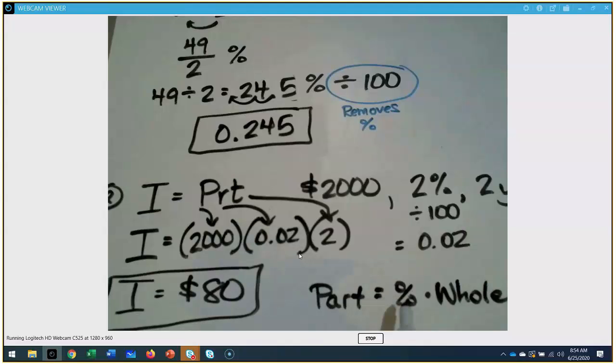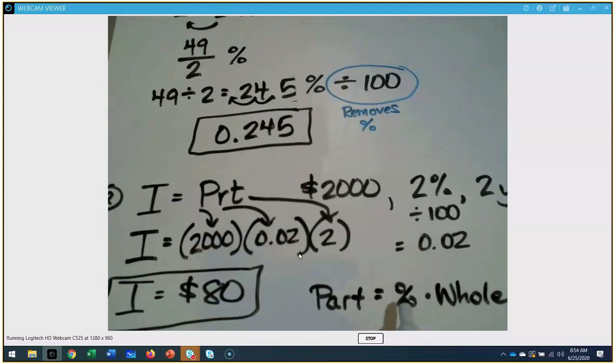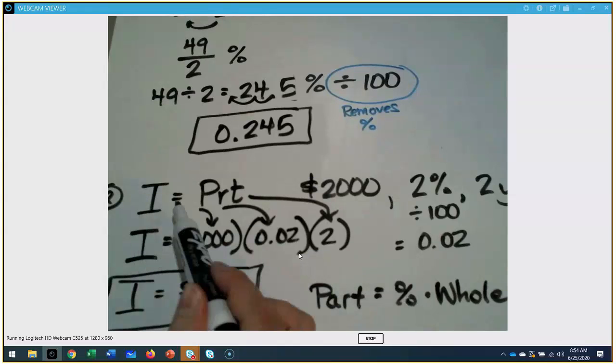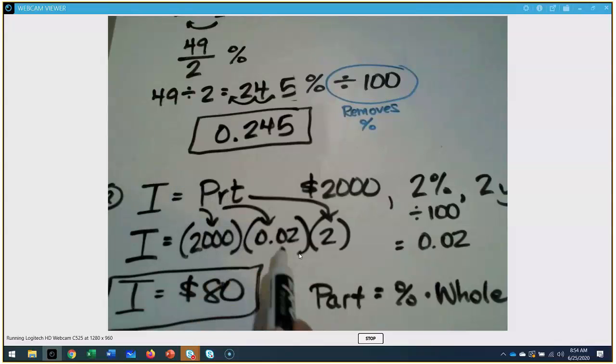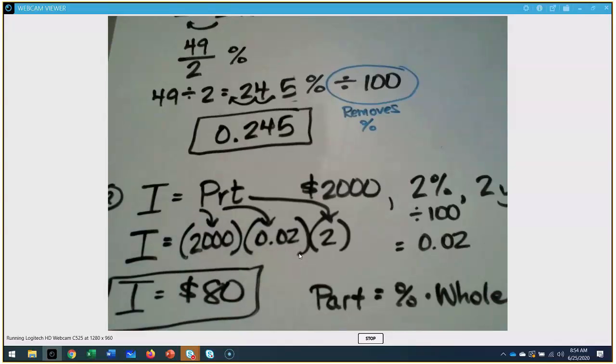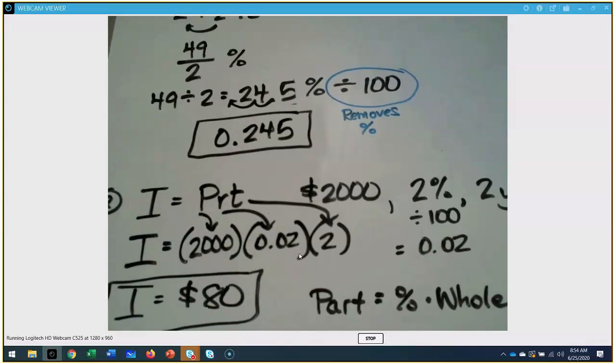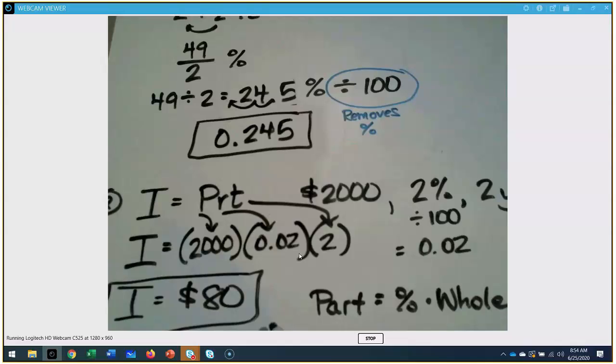When you use an equation of any kind, the percent needs to be changed to a decimal. So this is a different type of equation, but it's still got an equal sign in it. So that means that you need to change your percent to a decimal in this as well. If you don't, and you plug it in as 2,000 times 2 times 2, you're going to get 8,000.